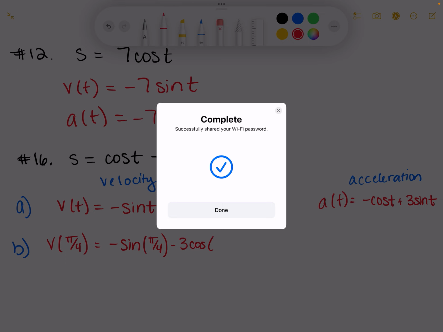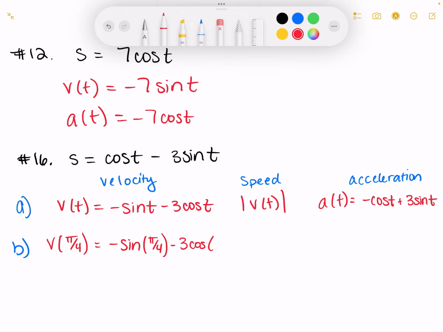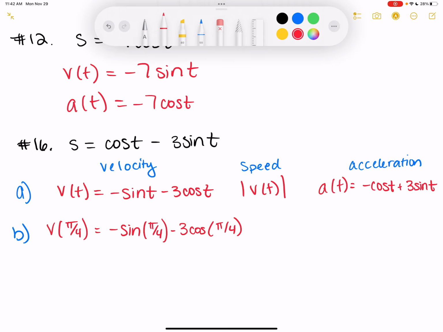Pi over 4. So what is the sine of pi over 4?